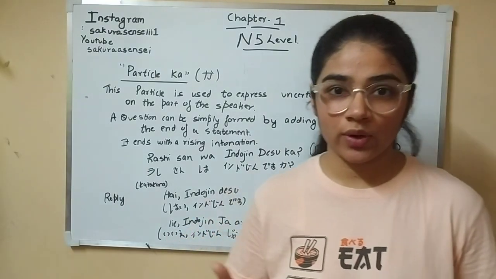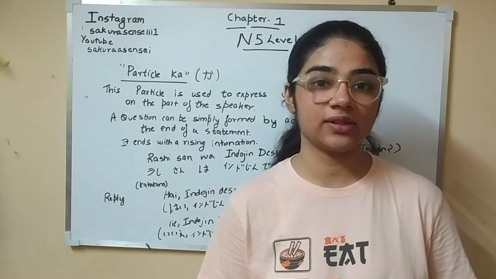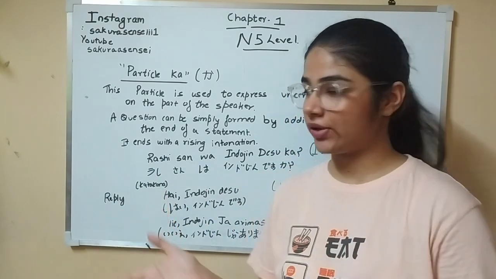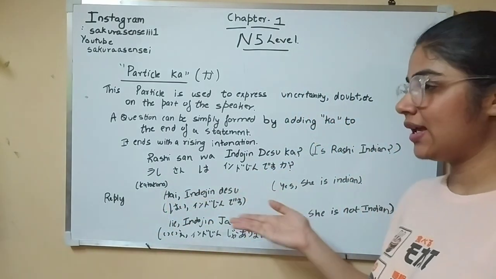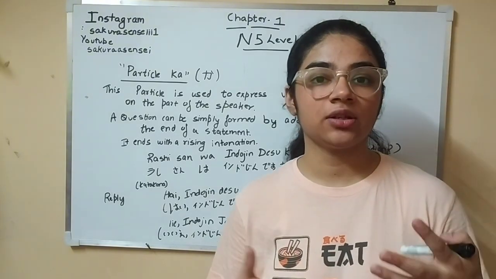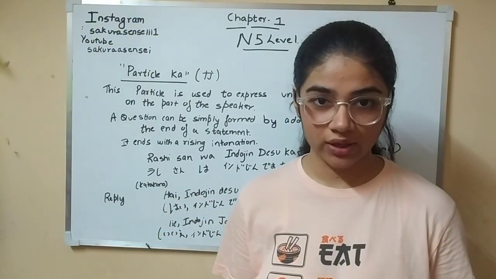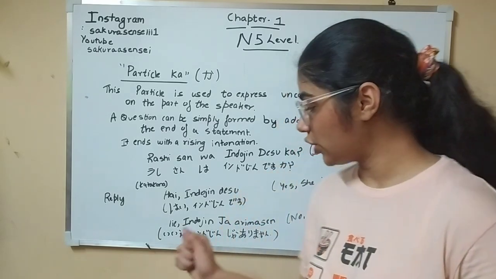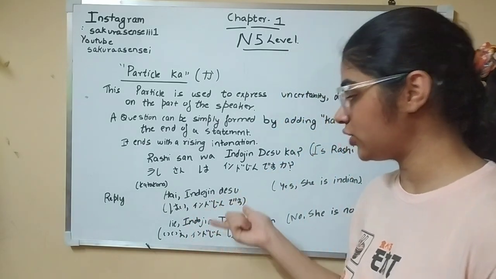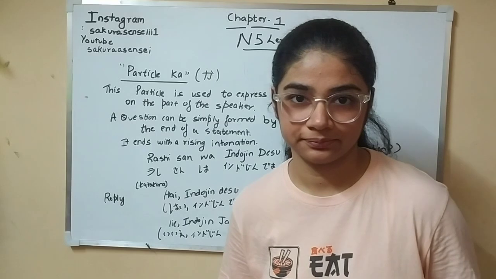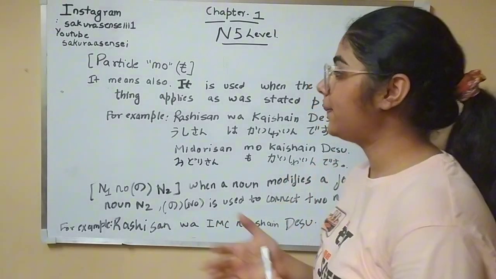So when you reply to a question in Japanese, you will say Hai and the statement continues, for example, Hai, Indojin desu. And when you reply to a question in a negative form, you will say Iie, Indojin ja arimasen.